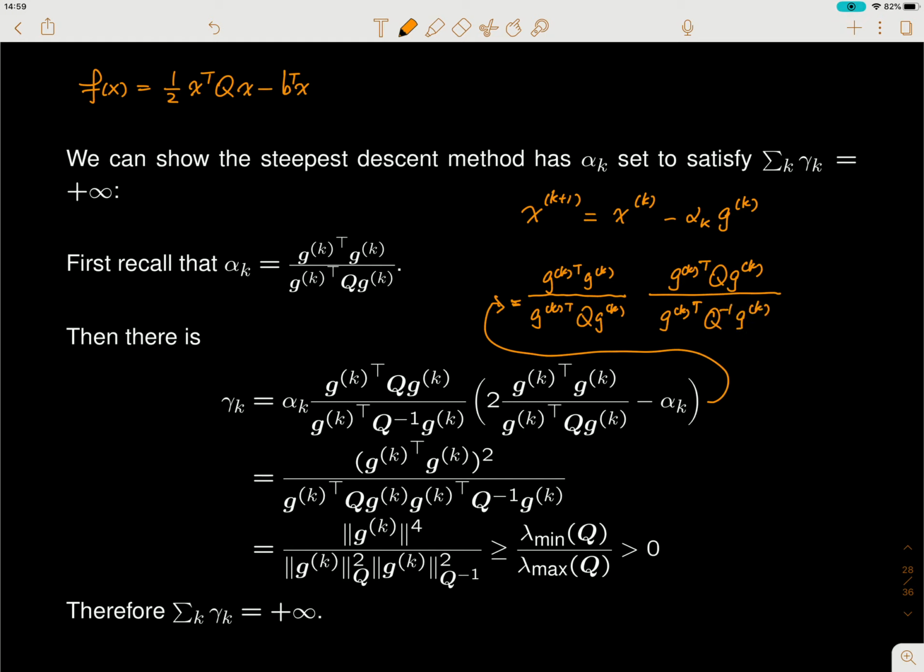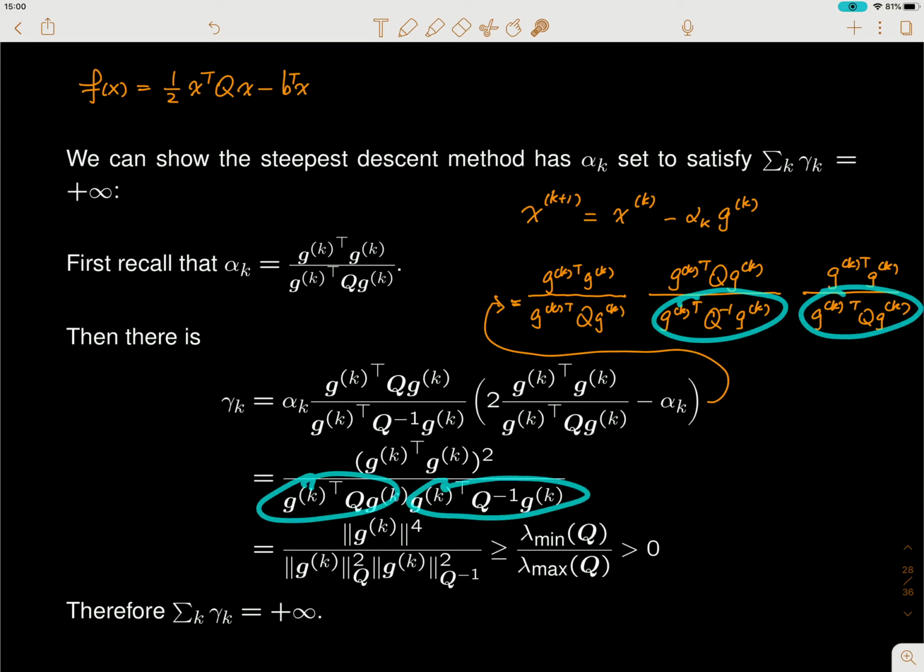And in the big parenthesis, we said that it just reduces to the alpha k. Okay, and as we said earlier, the denominator of the alpha k and the numerator here will be cancelled because they're the same. So what's left is just this and this in the numerator. These two are the same, right? So it's just a square of this term. That is what we wrote here. And the denominator only has this and this left.